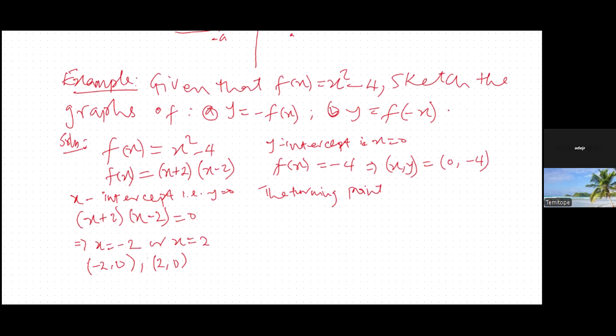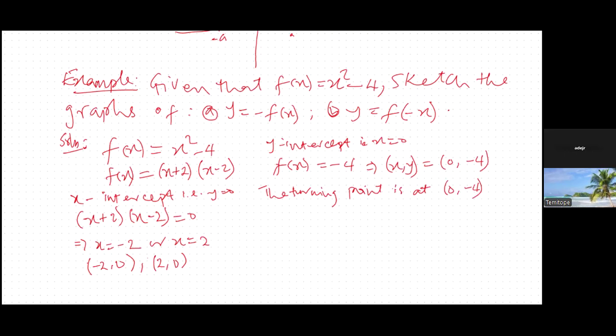Okay. So the turning point is, of course, going to be (0, -4), because the turning point is this, which is equivalent to the y-intercept.